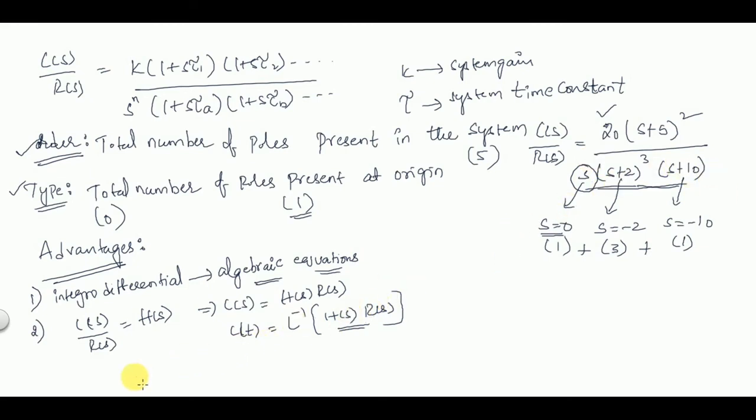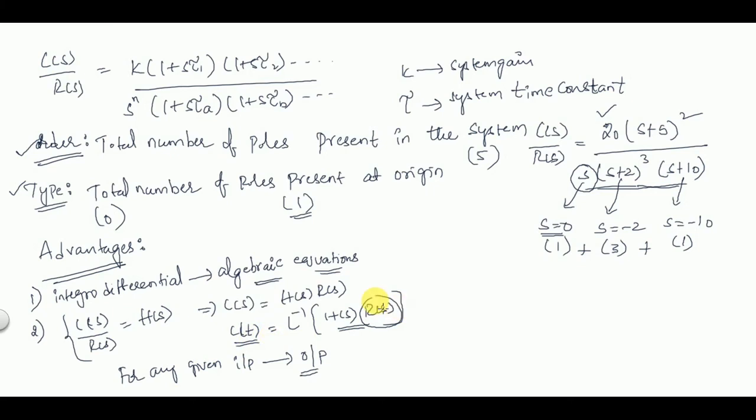So what does it mean? For any given input, we can find the output from the transfer function. C of t represents the output of the system.